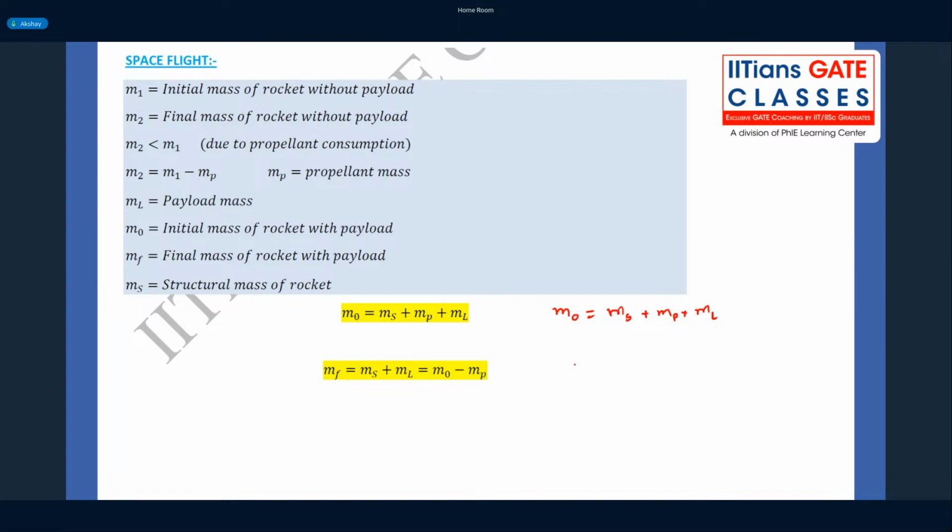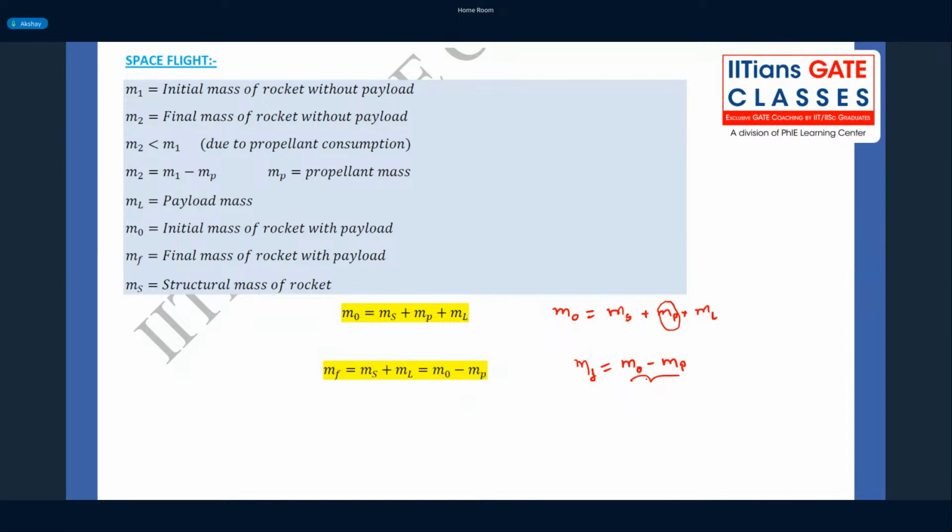Sometimes we refer to it as the final mass of the rocket. Say I am carrying some amount of propellant. If I burn all the propellants, what is the mass I am left with? That mass we will refer to as the final mass. The final mass is usually the initial mass minus the propellant mass. So this we refer to as the final mass of the rocket.